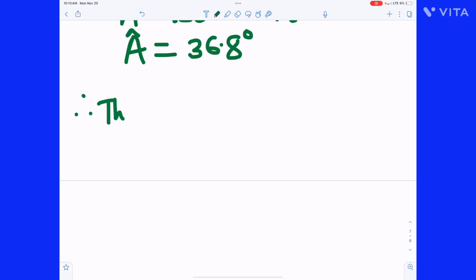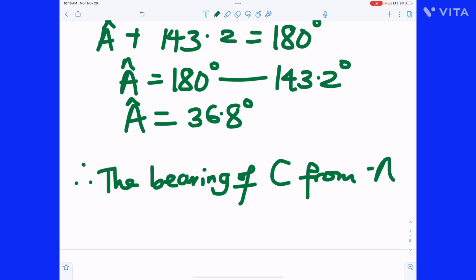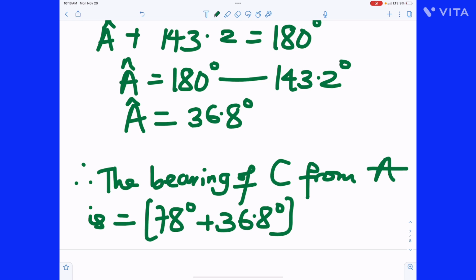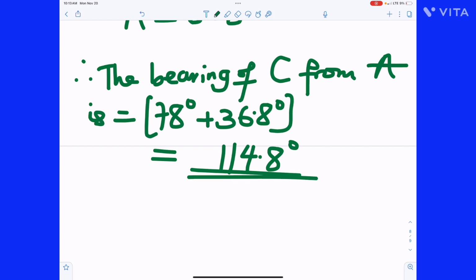Therefore, the bearing of C from A is equal to 78 degrees plus 36.8 degrees, which gives you what? Let's add that together. 6 plus 8 is 14, carry 1. So the bearing of C from A is 114.8 degrees.